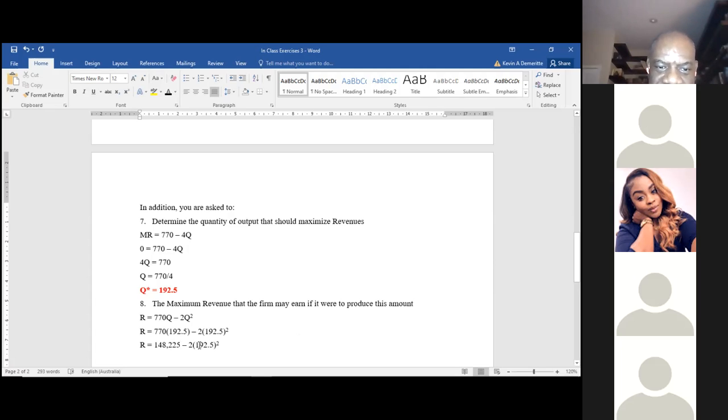Now, here you need to solve the brackets first. And the brackets is 192.5 squared. So you need 192.5 times 192.5, which is 37,056.25.